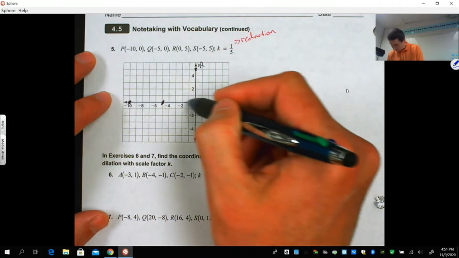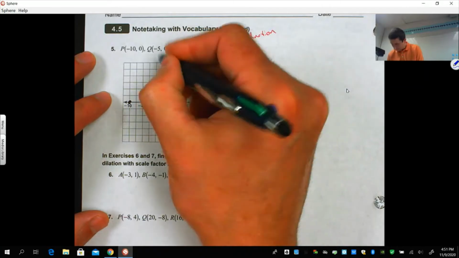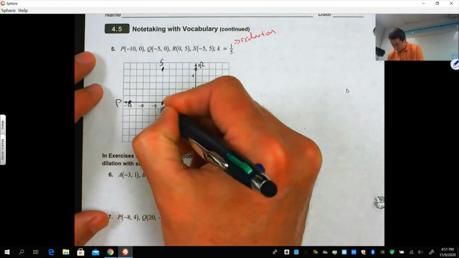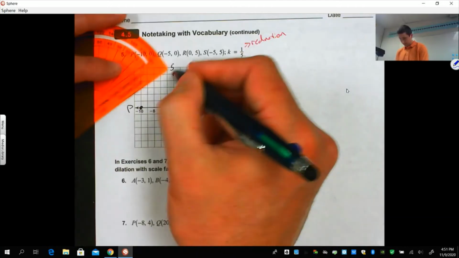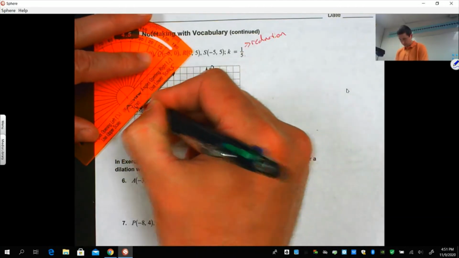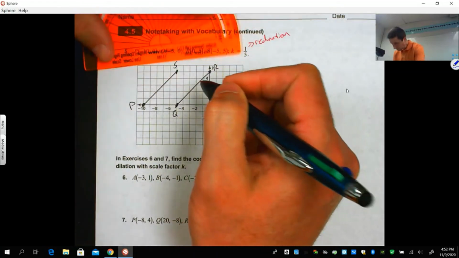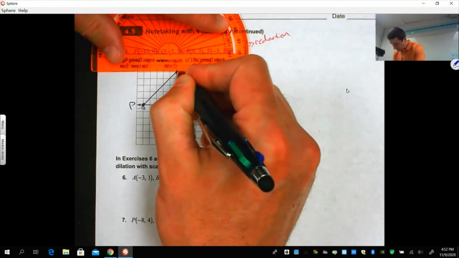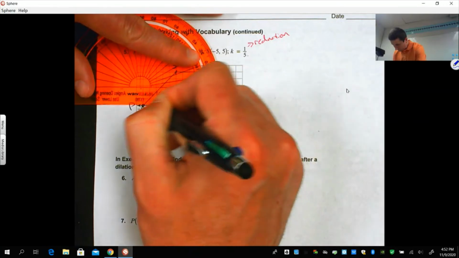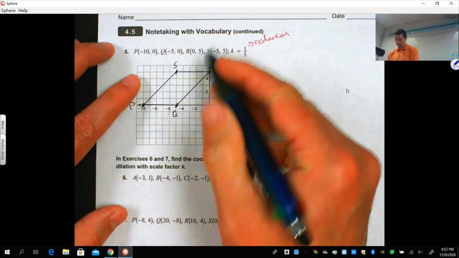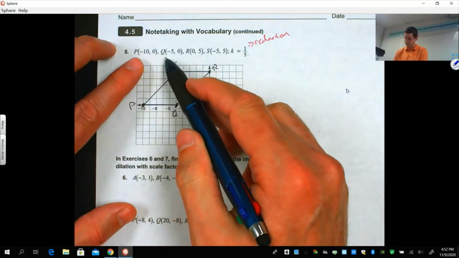And S is at negative 5, 5. So we have a parallelogram.